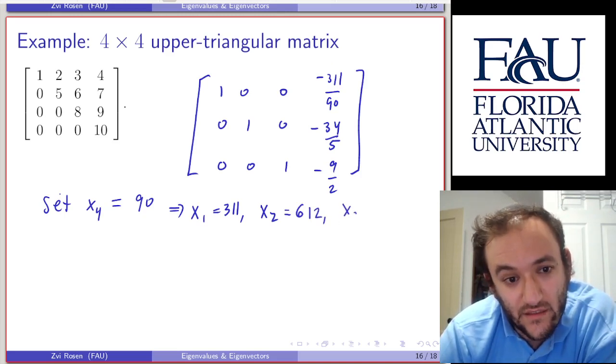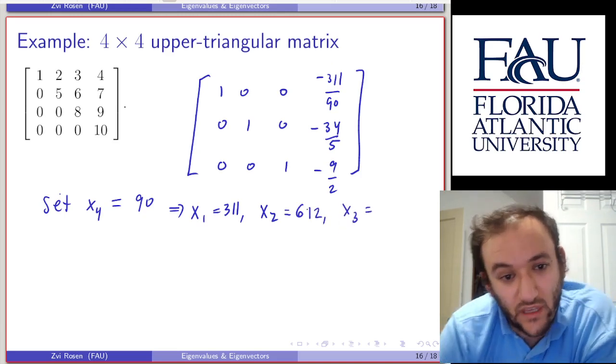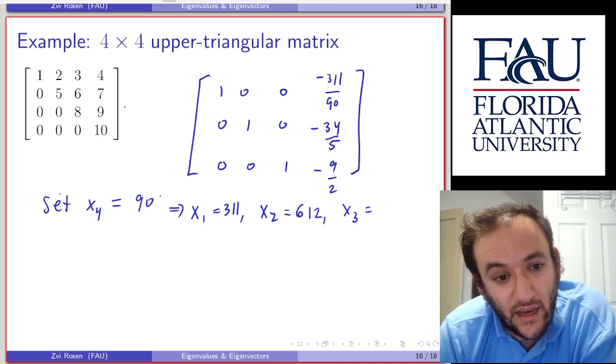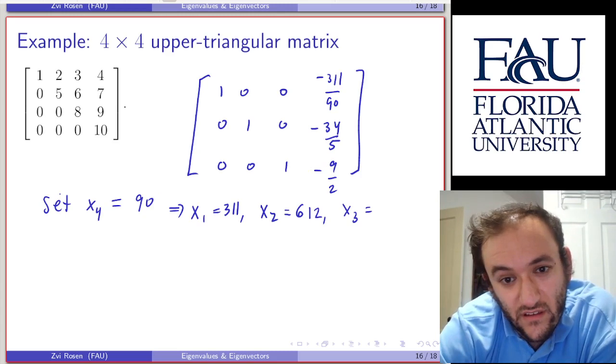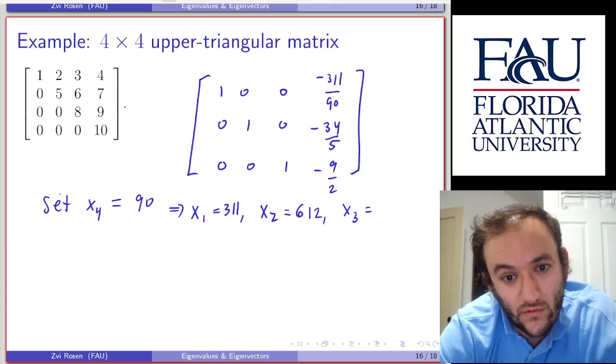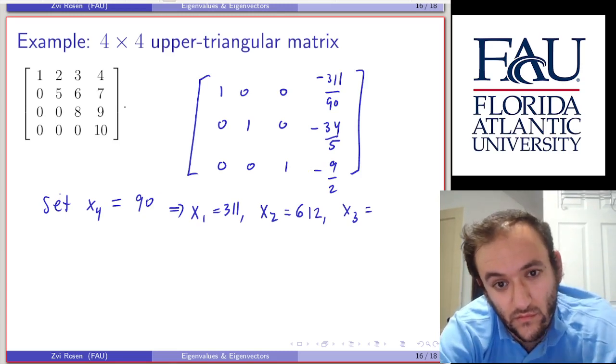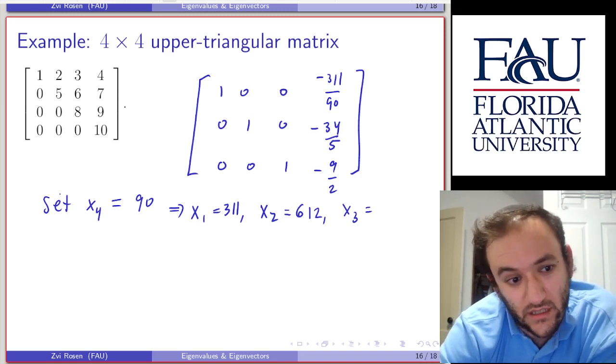And then x3 will be, so 90, so we have 9 times 45, which is 405.